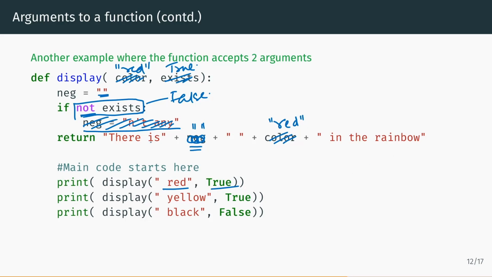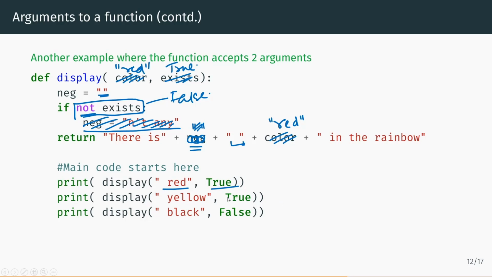So this line will print there is red in the rainbow, right? There is, this is nothing, it's empty. There is a space in between, and then red in the rainbow, right? Yellow and true would be very similar, so it will print there is yellow in the rainbow, okay?